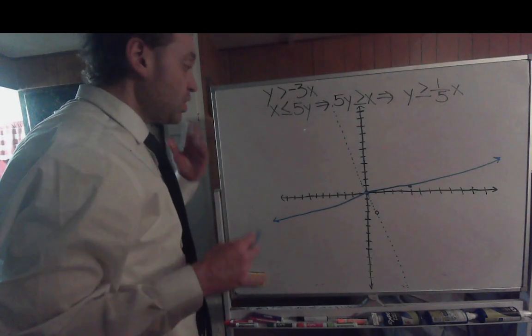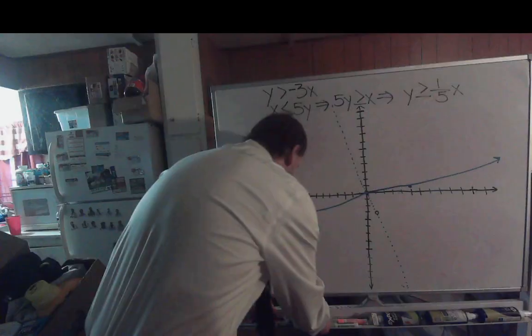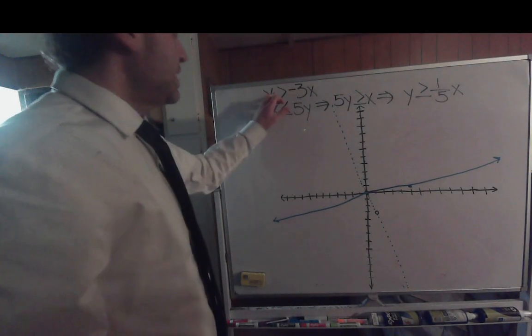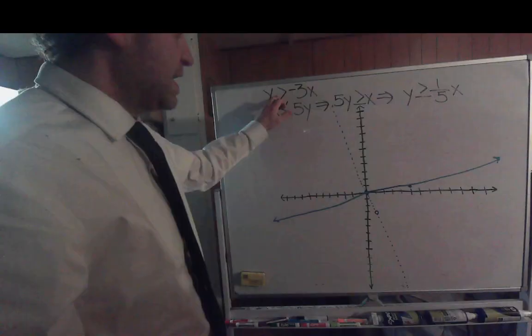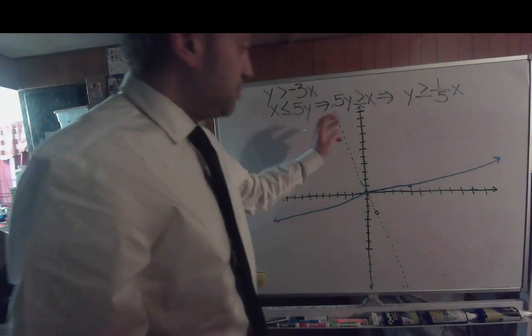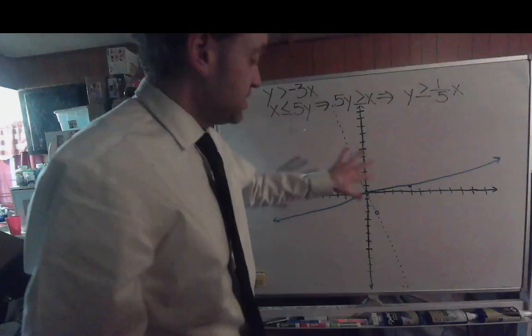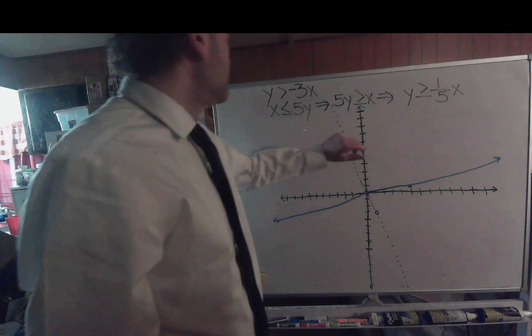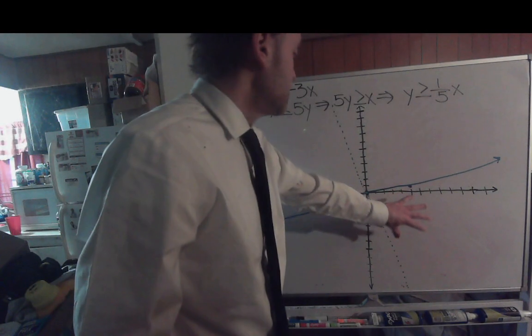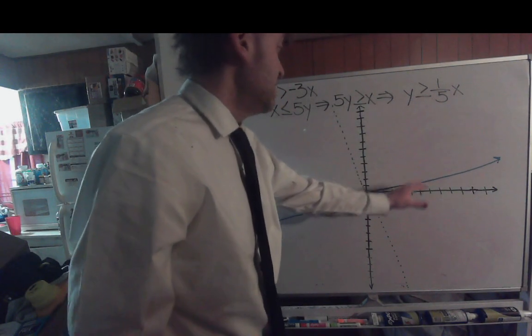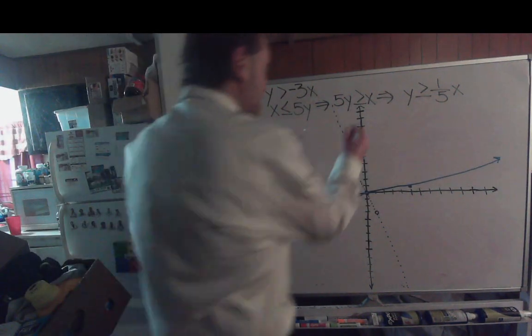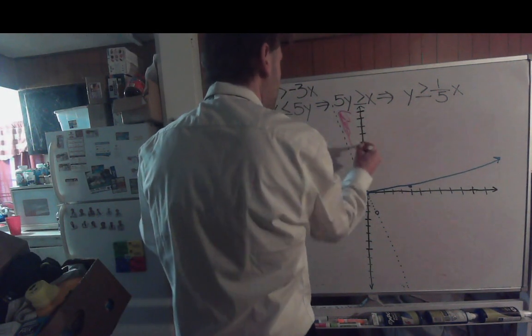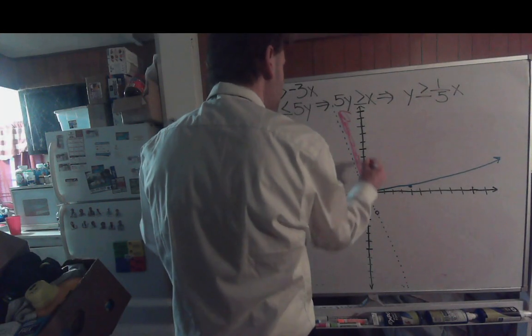Now we need to find the area that meets both criteria. Y is greater than negative 3x is going to put it above this purple line, so that's going to be to the right of it, basically. And then y is also greater than 1/5 x, would be above the blue line. So here's going to be the shaded region where both criteria are met.